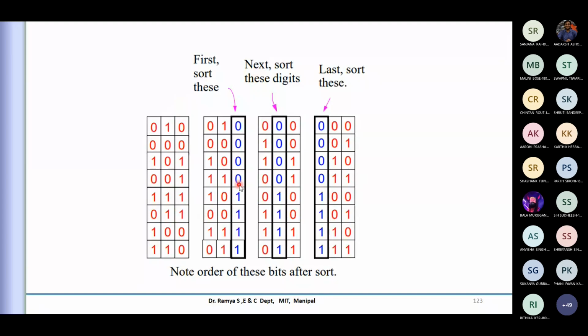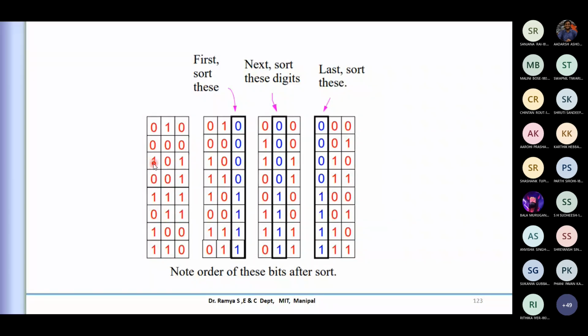Then we look at this particular column in the next order. In this binary system we have only two numbers, so we have zeros and ones here. So what is done in this case? Zero has to be kept first because it's the lowest one. Then this information is compared.